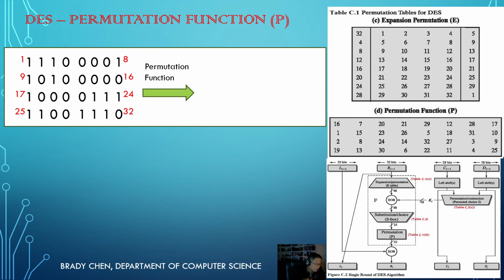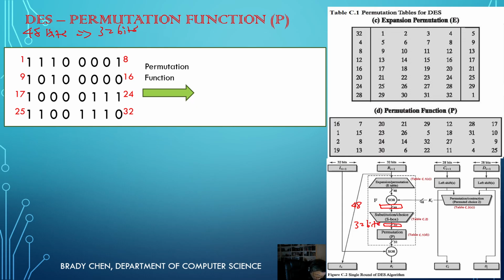So using the S box, we convert 48 bits down to 32 bits. We initially have 48 bits. Now we are here, 32 bits.